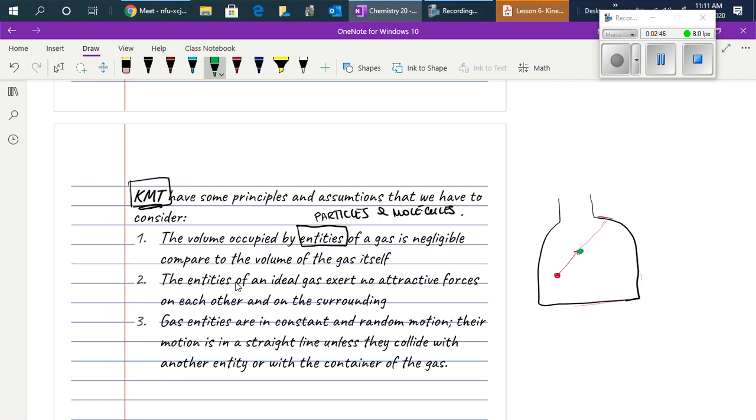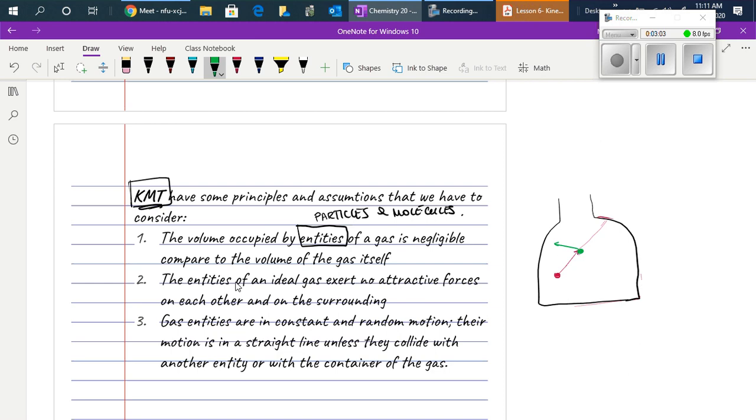When they hit, what happens during this collision is known as an elastic collision, so that they will move into two different directions.